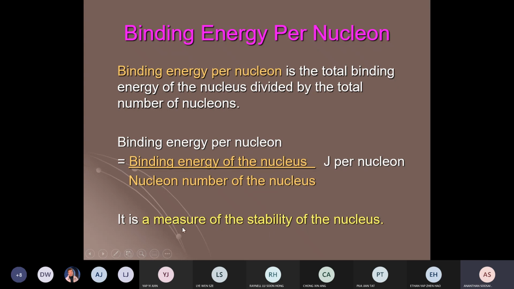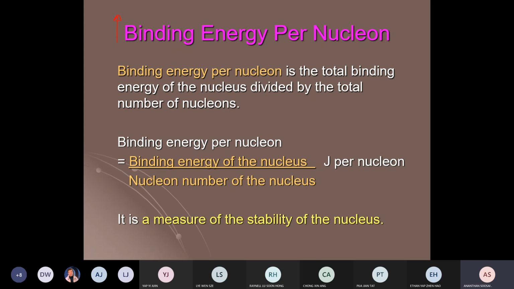This quantity measures the stability of the nucleus. A nucleus which has the greatest binding energy per nucleon will be the most stable nucleus, no doubt about that. So this is how we check the stability of the nucleus.